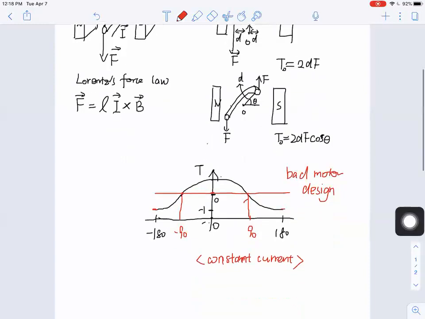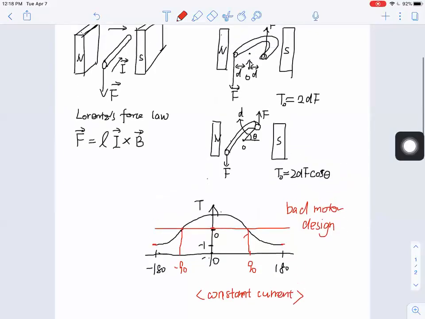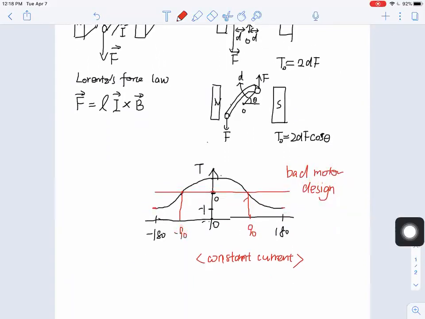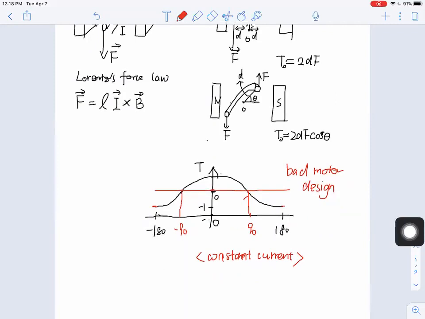Okay, so we talked about this very bad design. You have this torque alternating between positive, negative, and zero. Now let's see what solutions we can use to make this simplest motor better instead of having this negative and positive torque. So one thing we can do is, like I said, here we assumed everything is constant current. That's why we see this negative torque there.